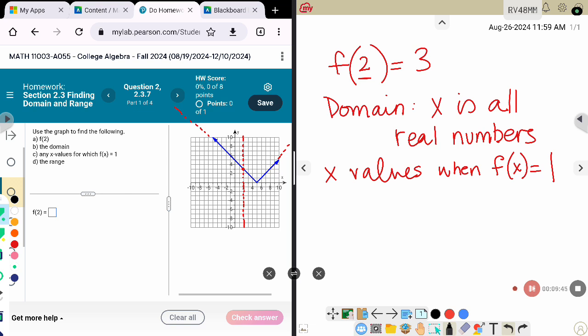Everywhere along this green dotted line that I am putting on here, the y value would be 1. So what I need to do is find where that touches the graph that I'm looking at. It's touching it here and here. I need to know the x values at those 2 points. The first x where it crosses is going to be 4. It touches it again where the x is 6.